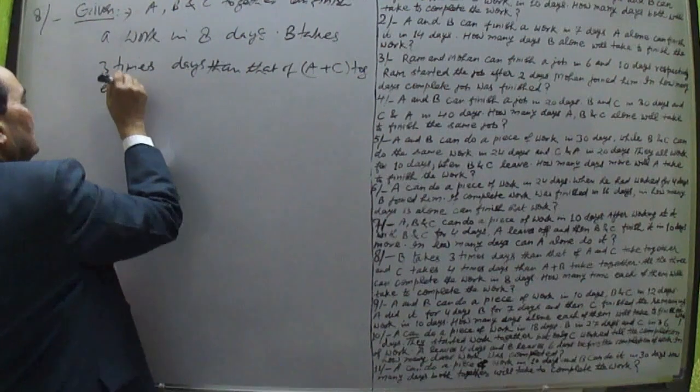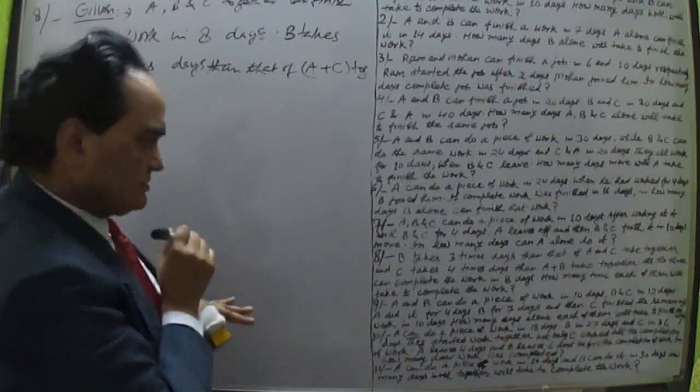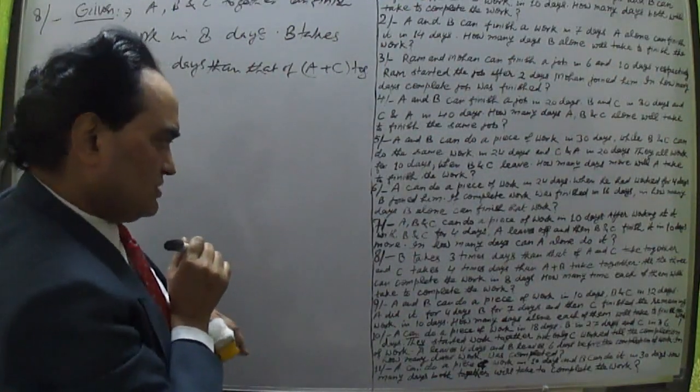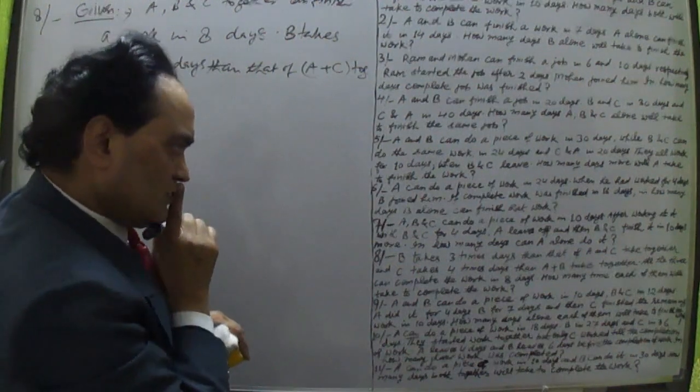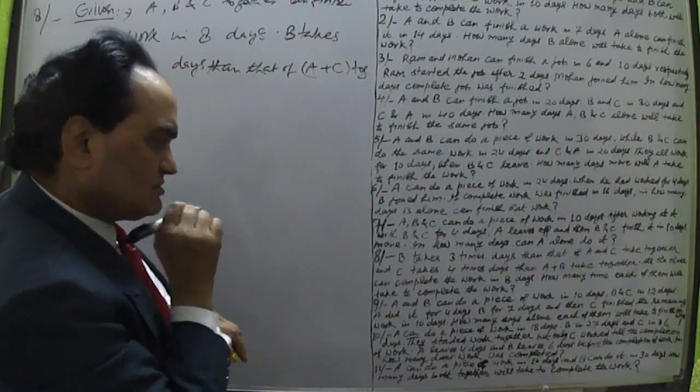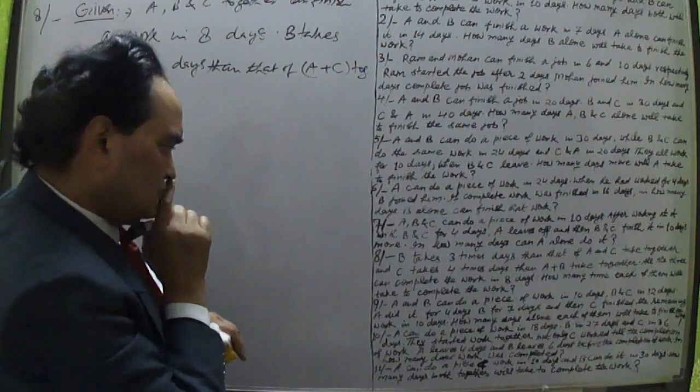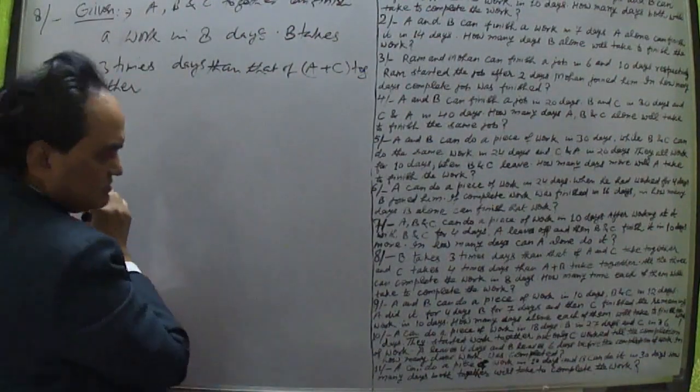Whatever A plus C takes, 3 times of that B takes. So B's time is 3 times that of A plus C, who together can complete the work.